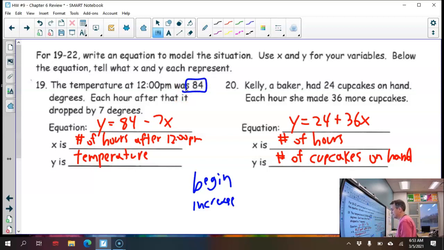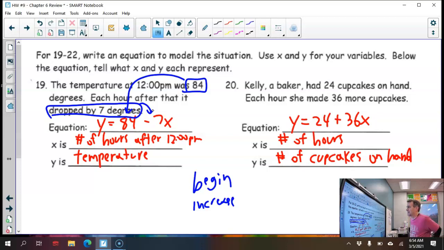That is my beginning amount. So I'm starting with y equals the beginning amount. And then it tells me that it dropped by 7 degrees each time. So that's why it's minus 7x. All right, it starts at 84 and it goes down 7 for each x.